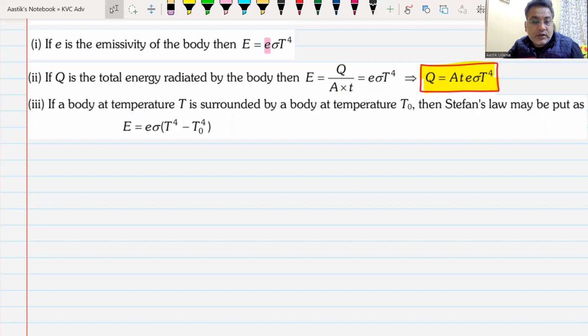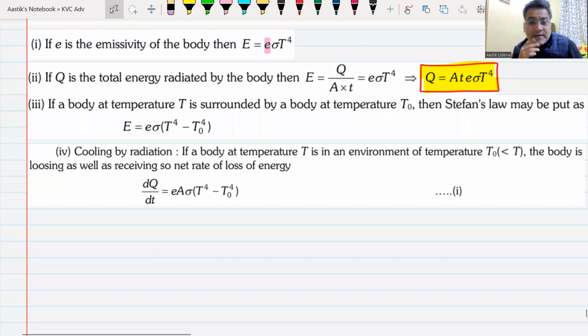Now, if this is the energy per unit area per unit time, if I multiply it by area, that will give me the rate of heat lost, dQ by dt. Heat current. Remember heat current, dQ by dt. It is not current because this is not conduction. This is radiation.